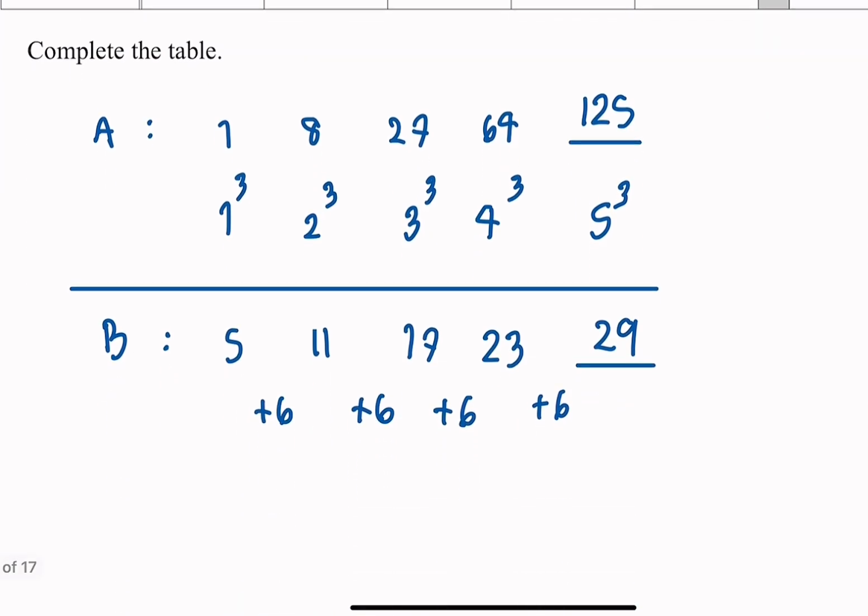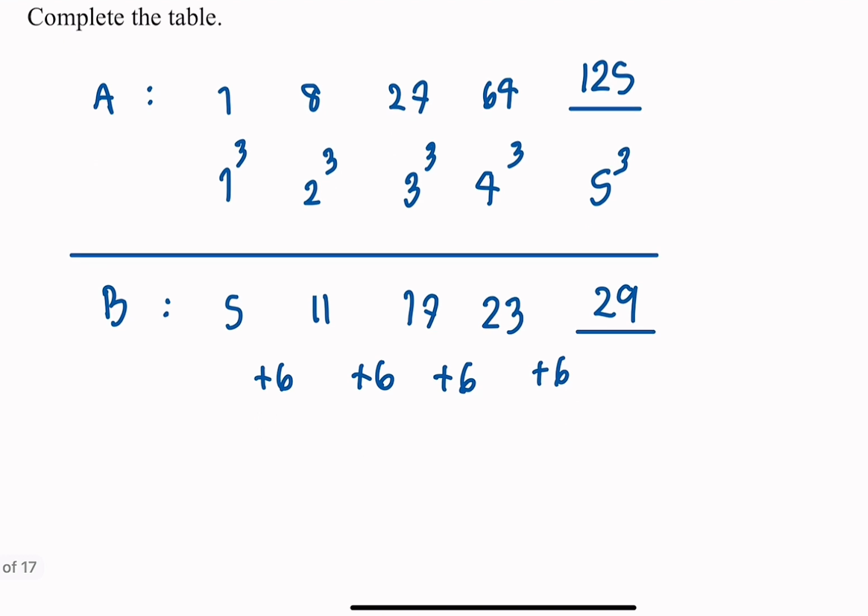And then we will write this in n term. Therefore, this is like plus 6 plus 6 plus 6. Therefore, I will write it as 6n. And therefore, I will check. Because the first term is equal to 5, and 6 multiplied by 1 is not equal to 5, I will minus 1 from 6n.